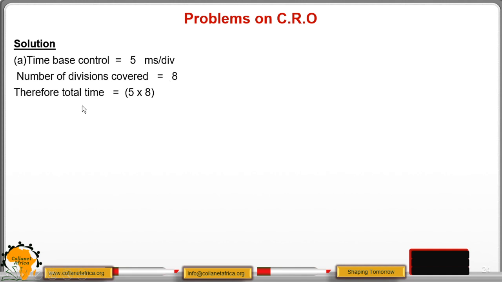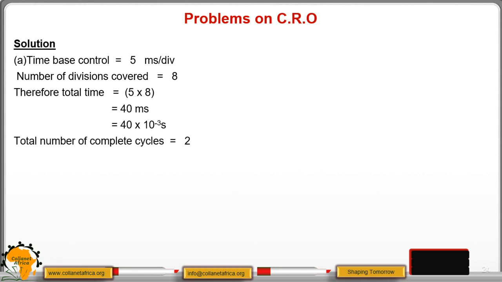So the total time will be 5 multiplied by 8, which is 40 milliseconds. That is the total time taken. This is the same as 40 times 10 to the power negative 3 seconds.